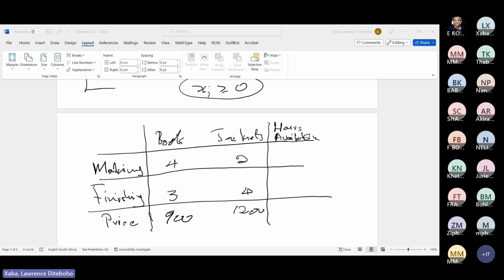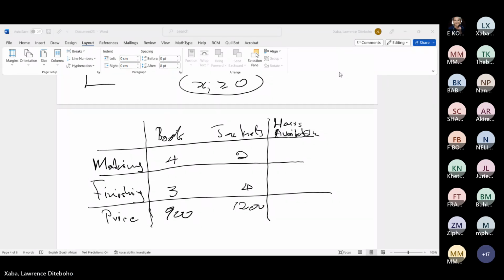Okay, I think I got my study guide. Okay, here is our problem. Are we able to see, all of us? Yes, we can see your scribbles.